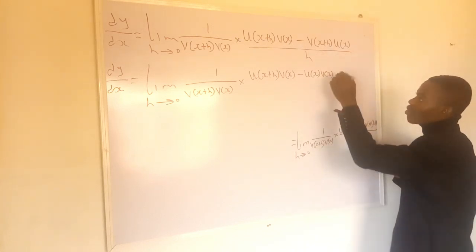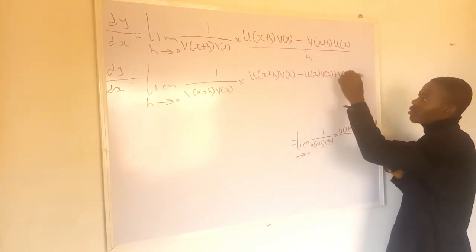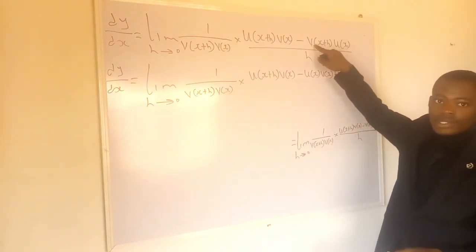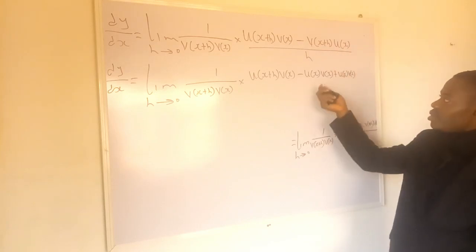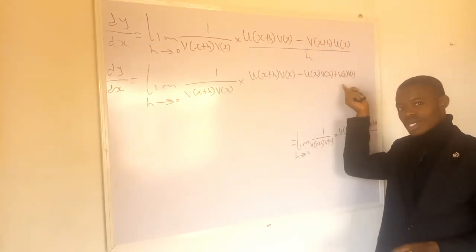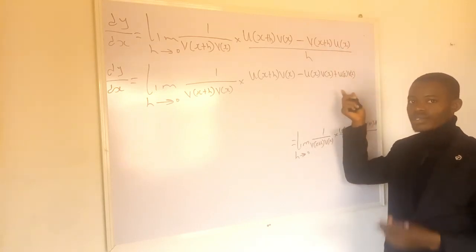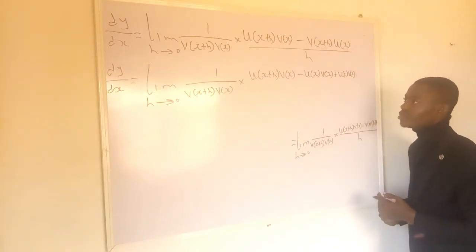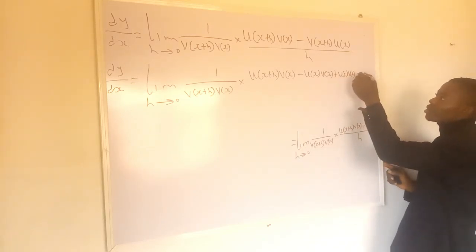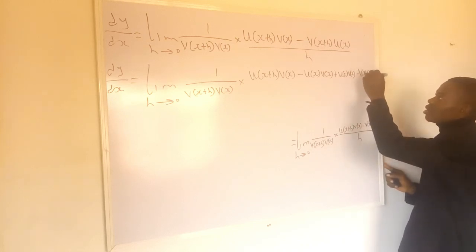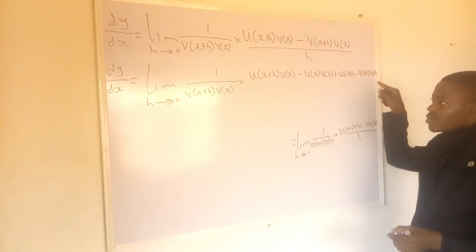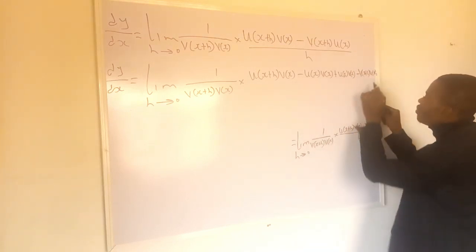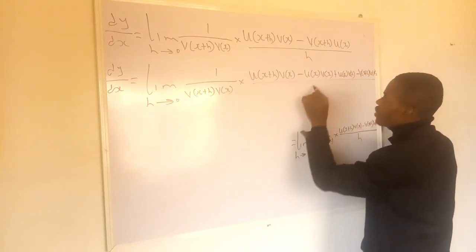Okay, then plus u of x, v of x. All right, then don't forget this. This is just what we have added, and we have to subtract it back to make sure that we are not biased. We are still doing the same thing. So we are subtracting this minus v of x plus h times u of x. Okay, that's u of x. Perfect. Then everything entirely is divided by h.